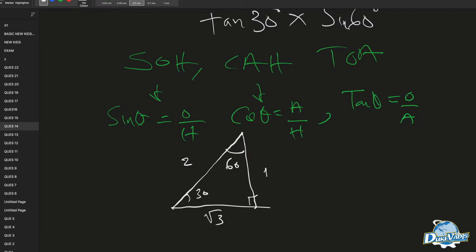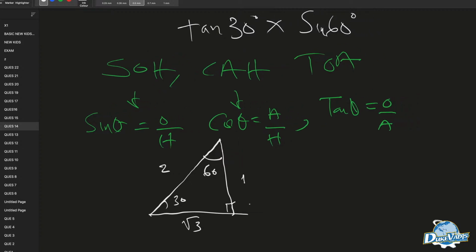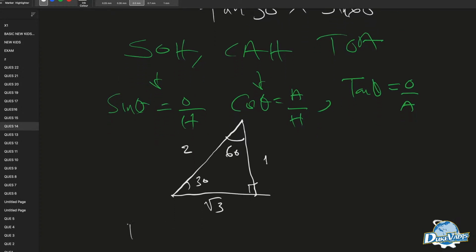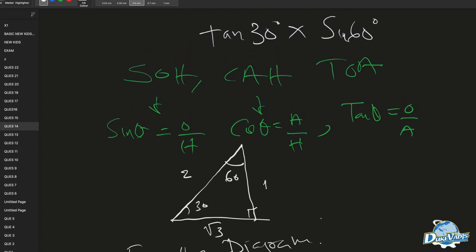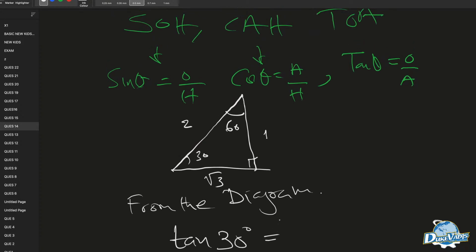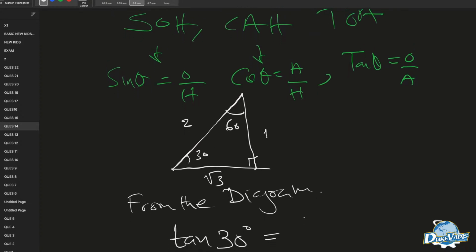To find tan 30 degrees from the diagram, we know tan is opposite over adjacent, so that is 1 over root 3.